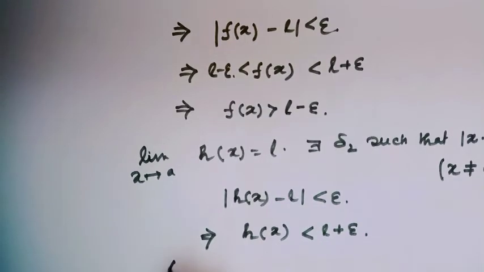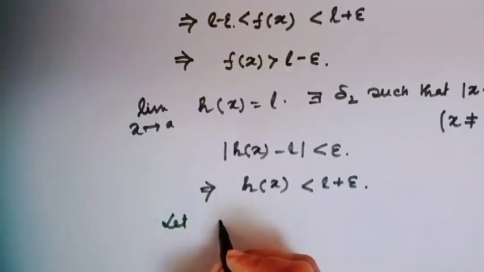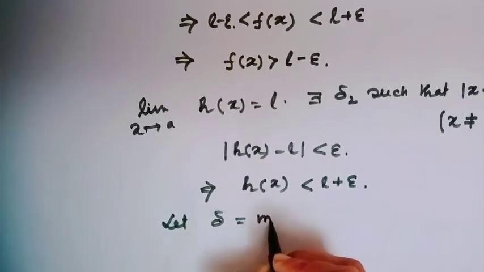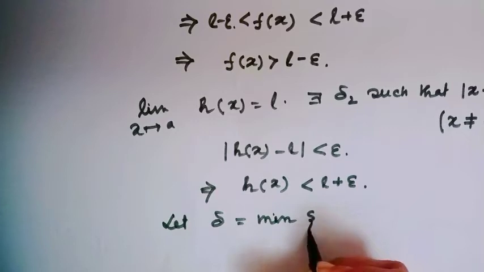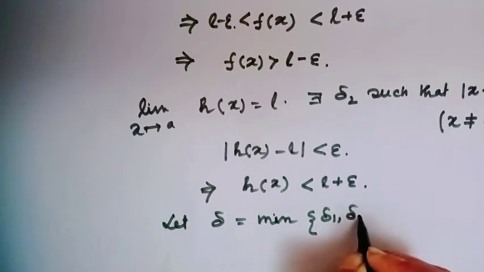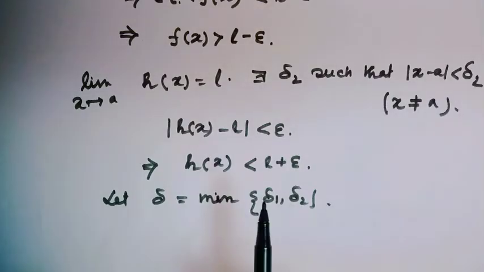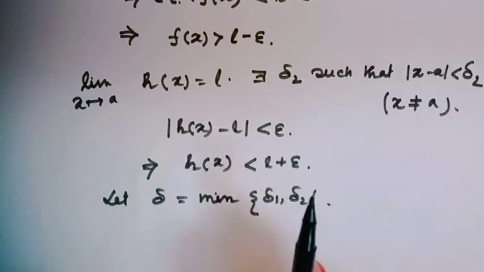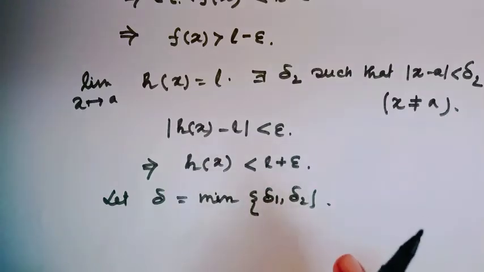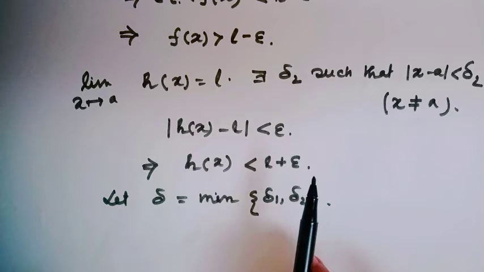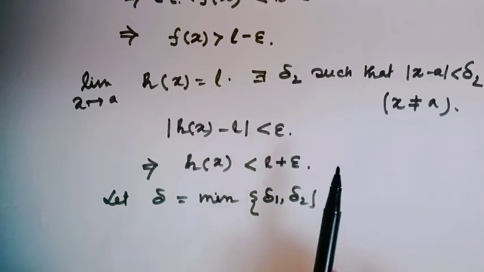Let delta equal the minimum of delta 1 and delta 2. Take delta so small such that the inequalities for f, g, h hold together.